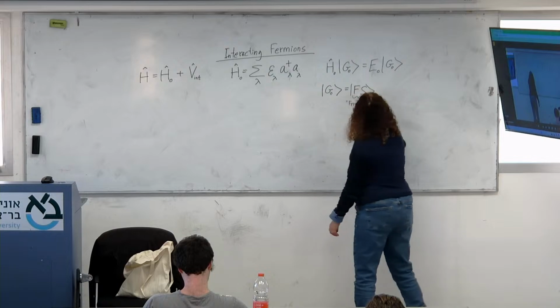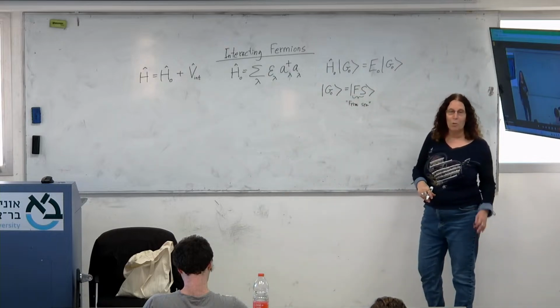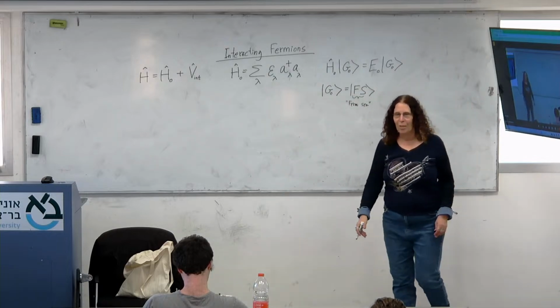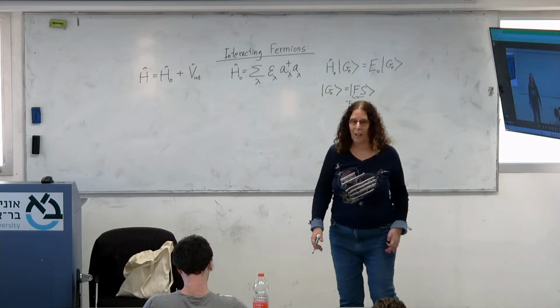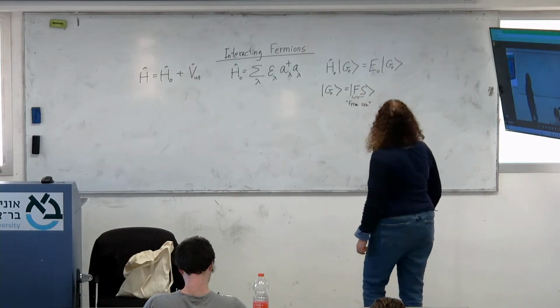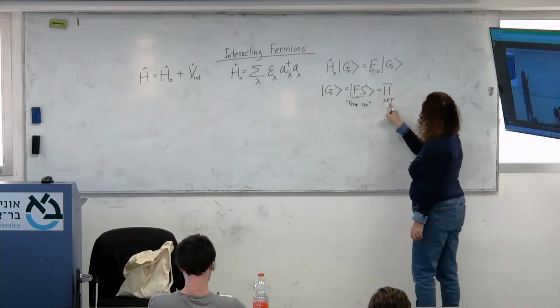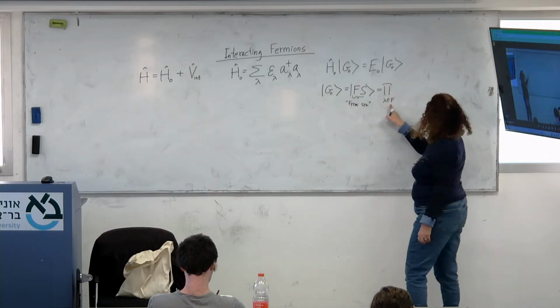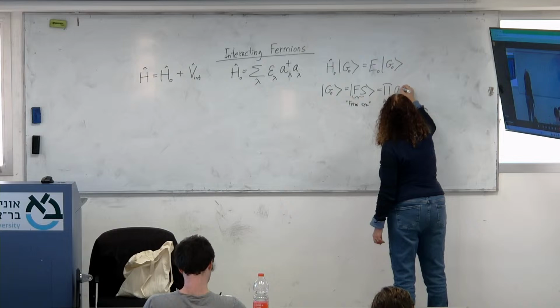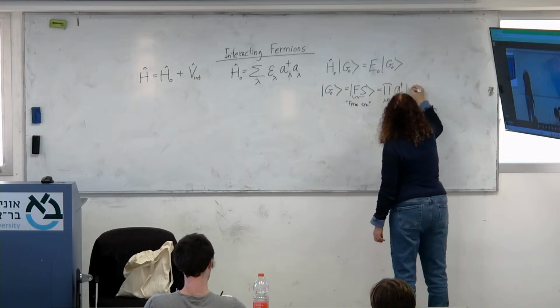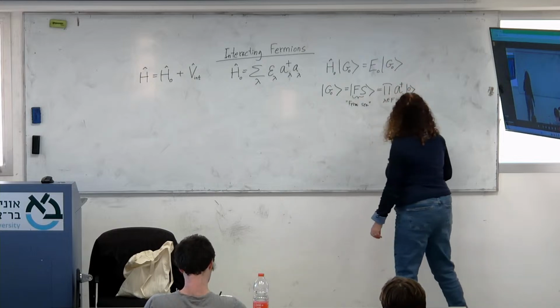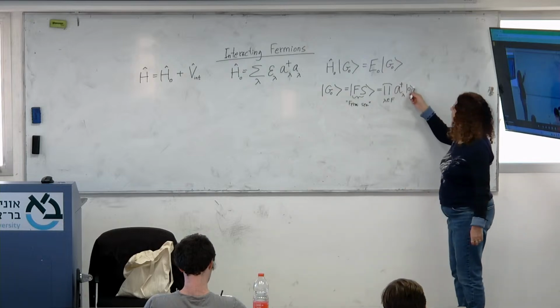Or Fermi surface, but Fermi surface is very specific to cases where momentum is a good quantum number, and you can write it as a product of, let me write it this way, lambda, which belongs to F, A dagger lambda acting on 0, on the vacuum.